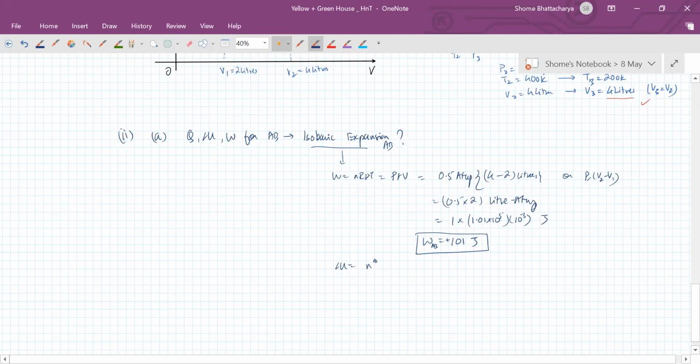Delta U is of course nF by 2 R delta T. So here it's hydrogen gas. So we'll take F as 5. So 5 by 2 into nR delta T, or 5 by 2 into P1 into V2 minus V1.